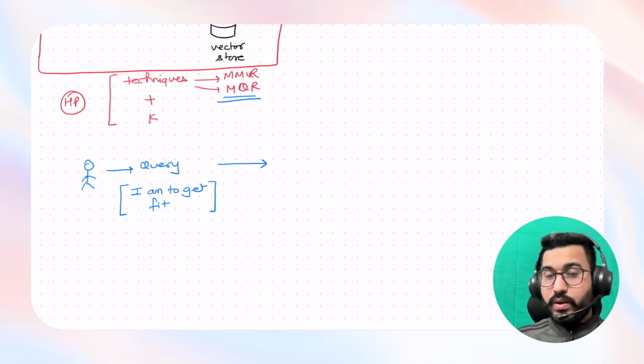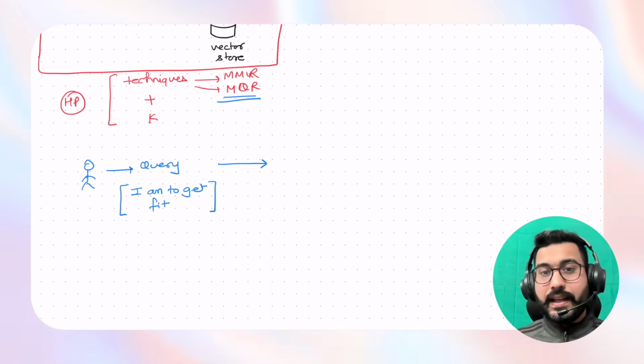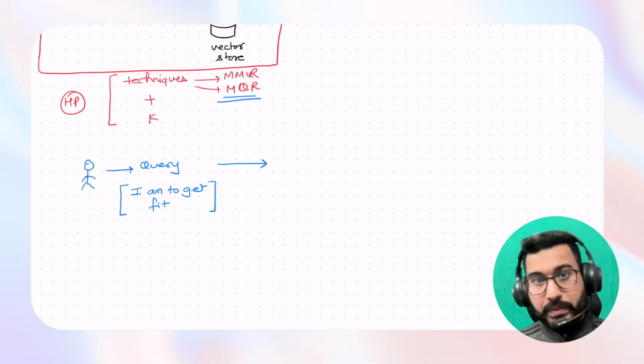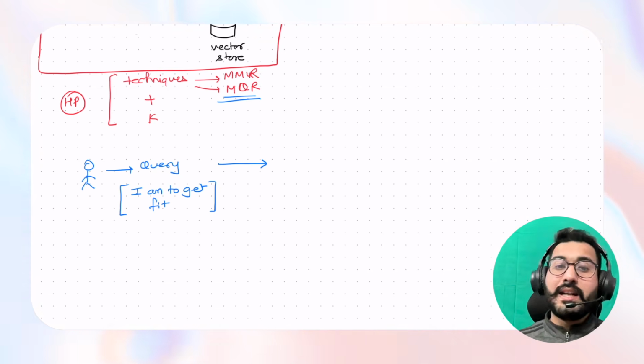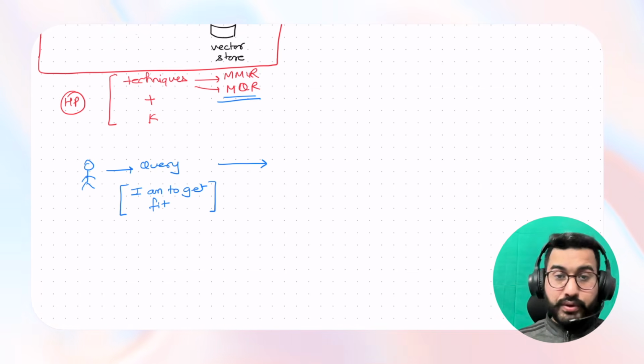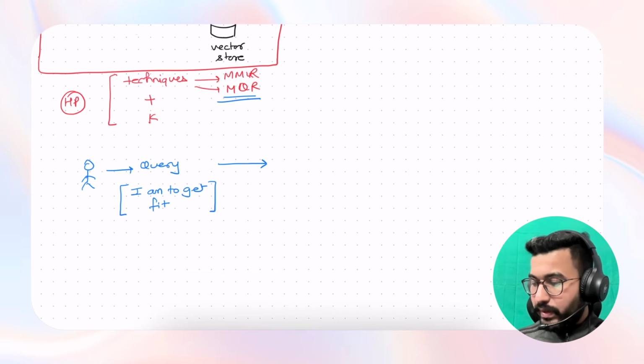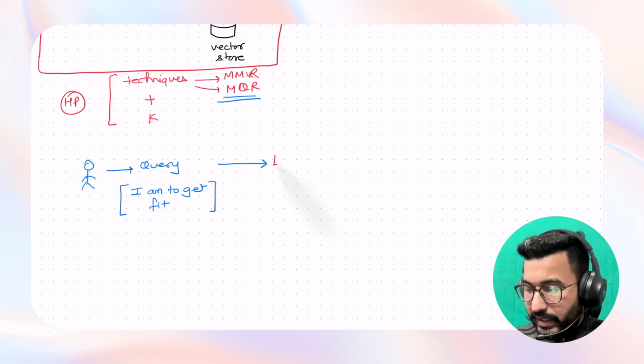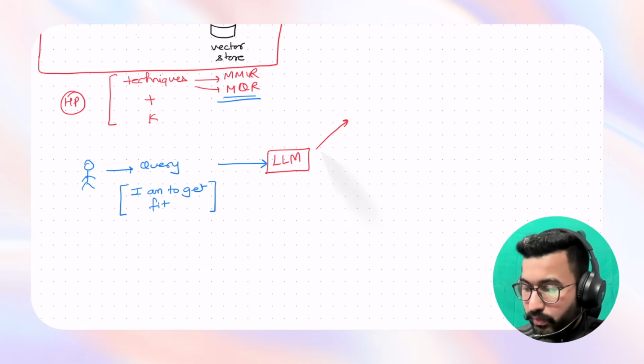So multi-query retrieval is a process where it uses an LLM as a helper LLM to generate multiple queries associated with this query. So what will happen first is this query will first go to one LLM, where this LLM will generate multiple queries. Let's say it has generated 4 queries.